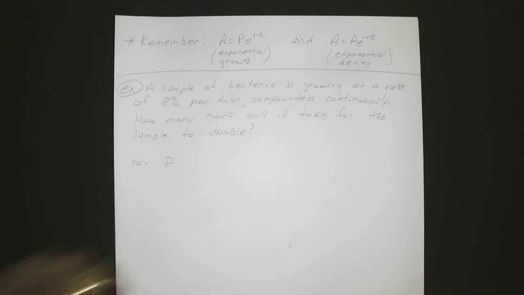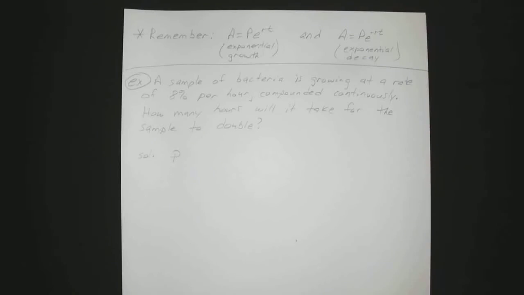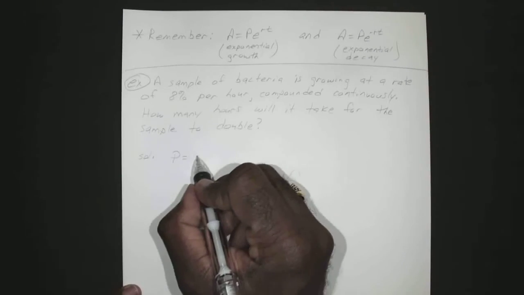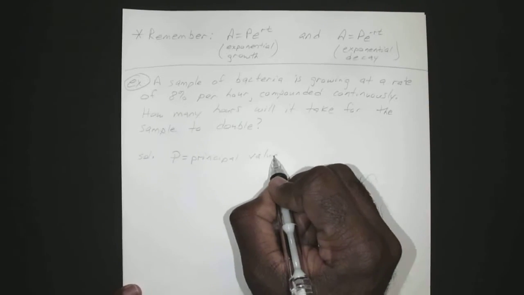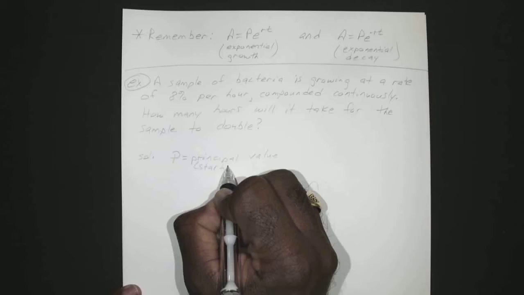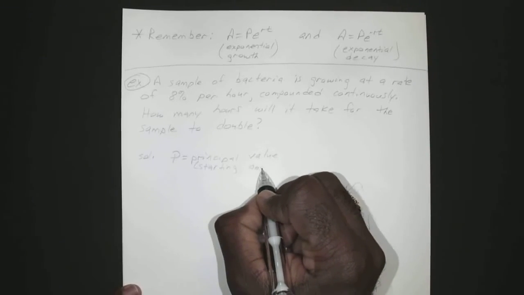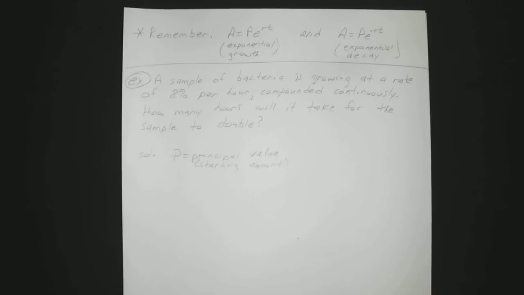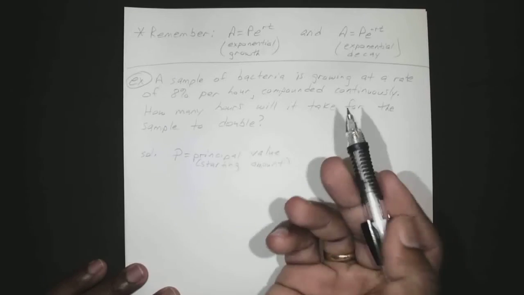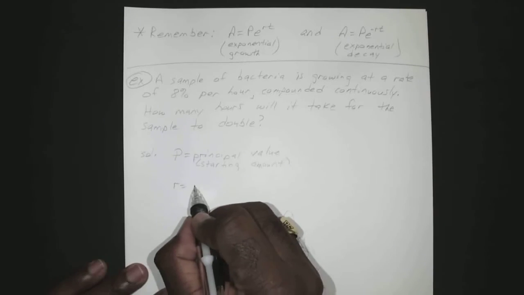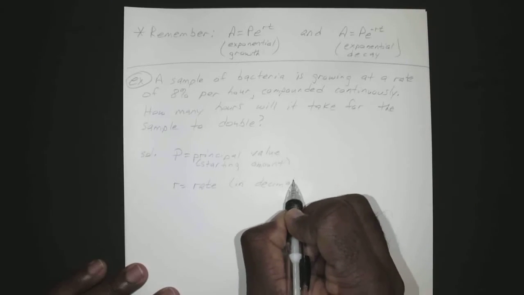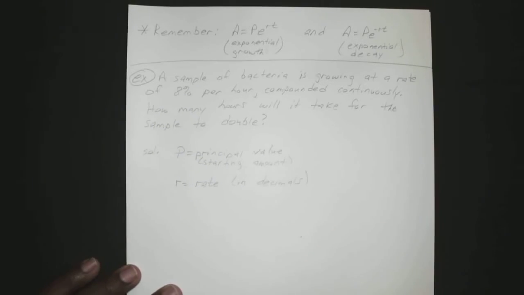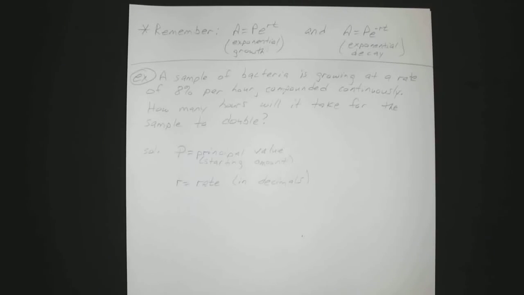Now remember, our P, that's our principal amount, our starting value. Remember, R is our rate of change, or interest, or rate percentage. And remember, that has to be in decimals. Okay.